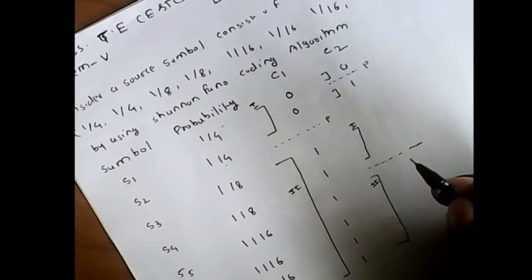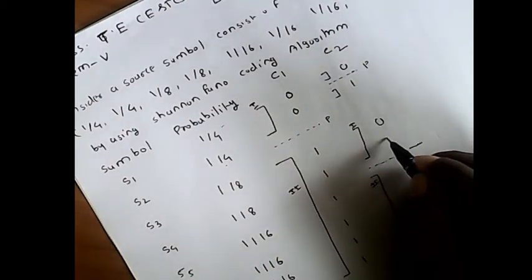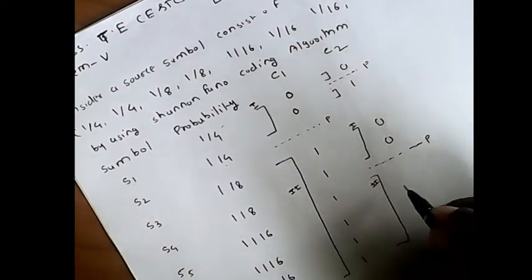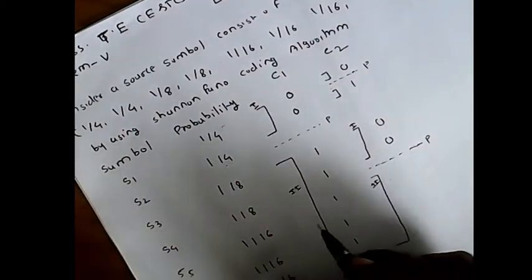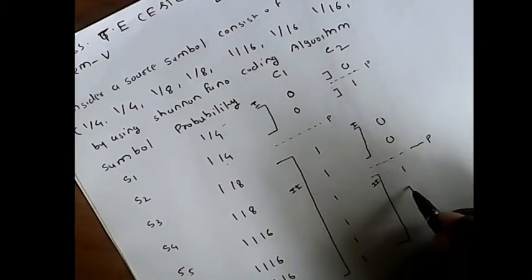The upper set we assign 0 and the lower set 1. Similarly, we consider S3 and S4 as one group, and S5 to S8 as the second group. We take a partition, so the upper set, each symbol, gets code 0 and the lower set gets code 1.